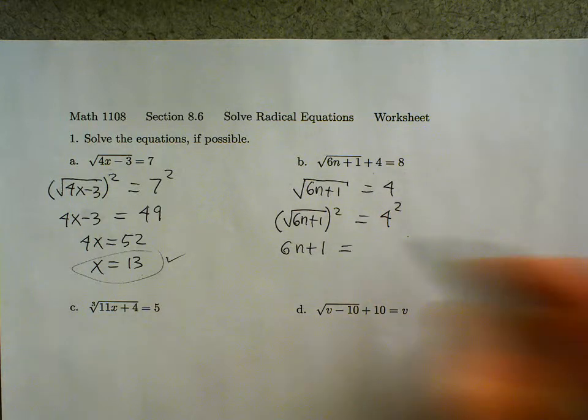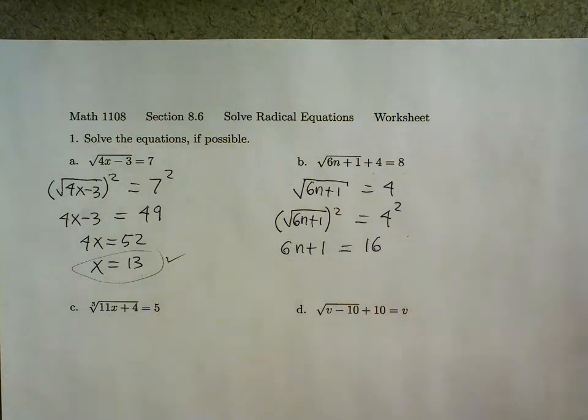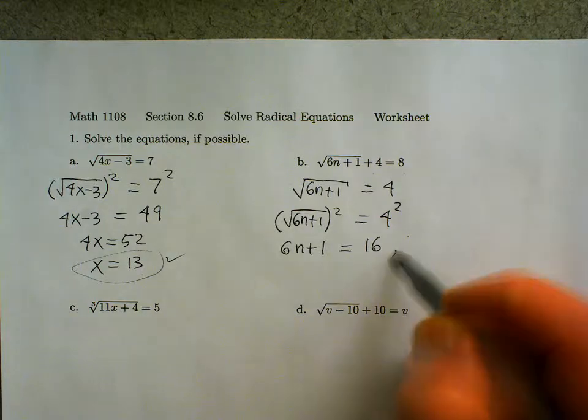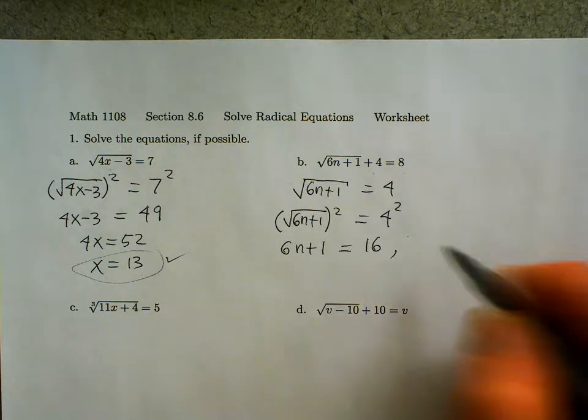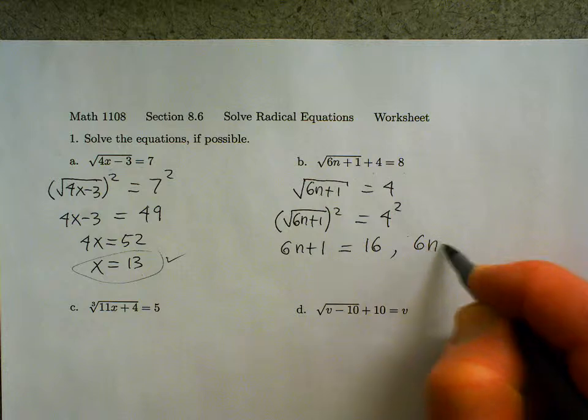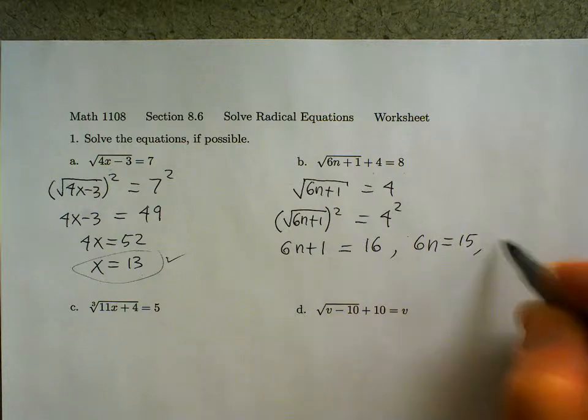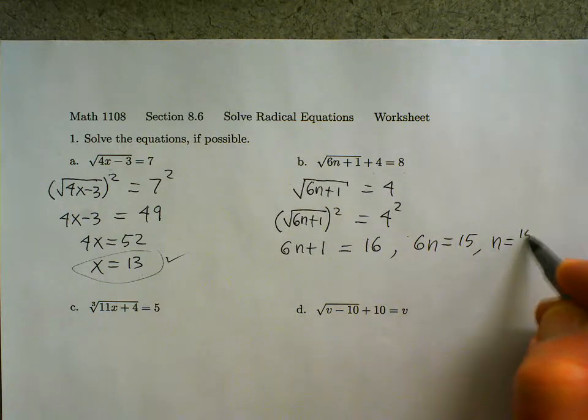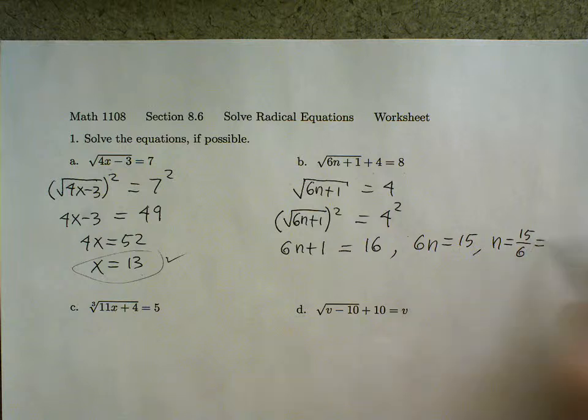And 4 squared is 16. Then to solve for n, first subtract 1, we get 6n equals 15. And n equals 15 divided by 6, which simplifies to 5/2.